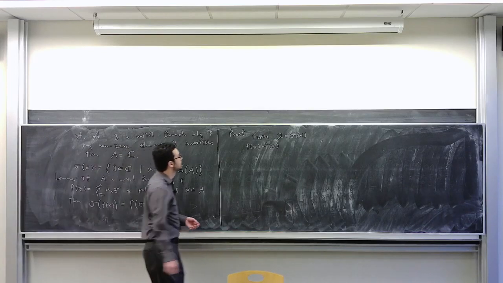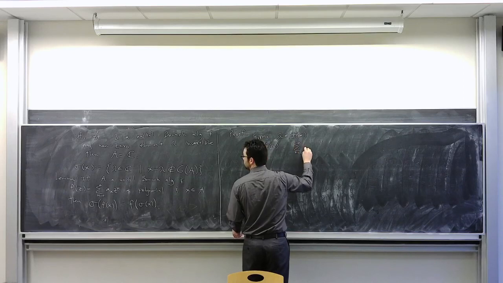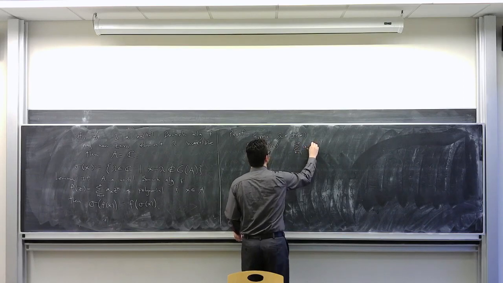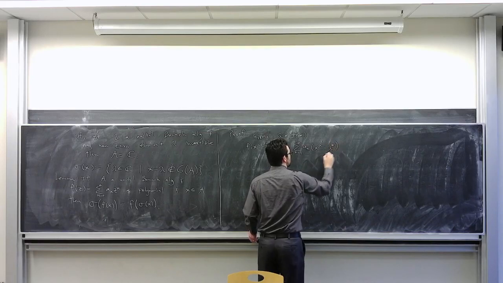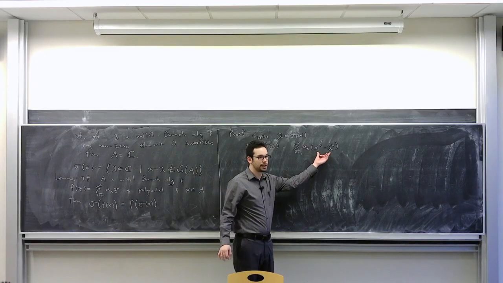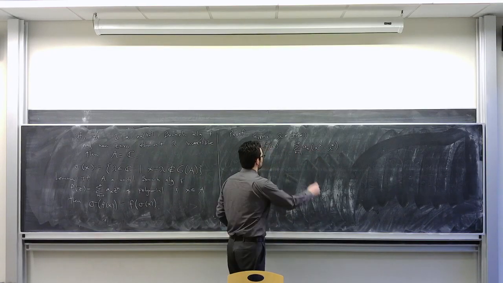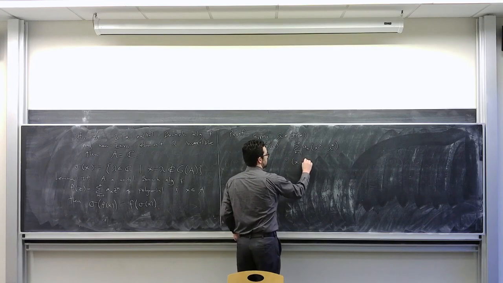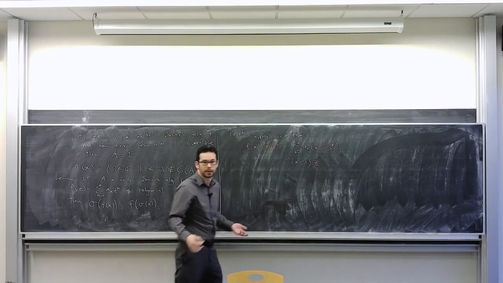So this is exactly the sum, where now k starts from 1 to n, of a_k times x^k minus lambda^k. Of course you all recognize that in x^k minus lambda^k, x minus lambda is a factor. So we can factor out an x minus lambda. So this is x minus lambda times some other element in our Banach algebra.